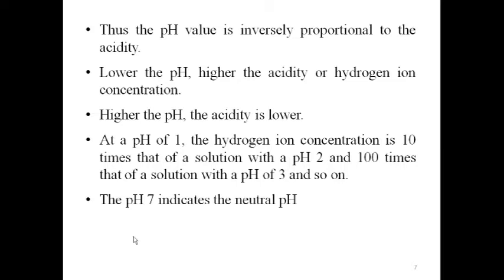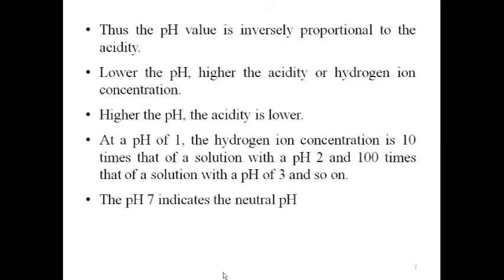So acidity and pH are inversely proportional. At a pH of 1, the hydrogen ion concentration is 10 times; at a pH of 2, it is 100 times, and so on.